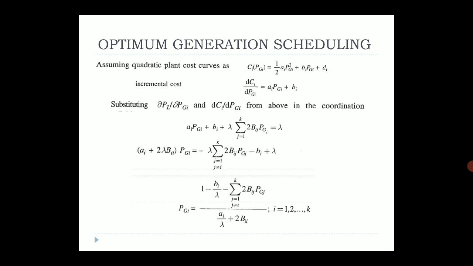So if you assume a plant cost curve as a quadratic function, as we have assumed previously, we can say that the incremental cost for a particular plant is a straight line. Now you substitute these values, dPL by dPGI and dC by dPGI, into the above cost equation, and you will get this set of values.